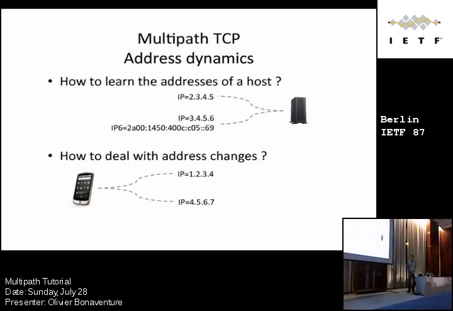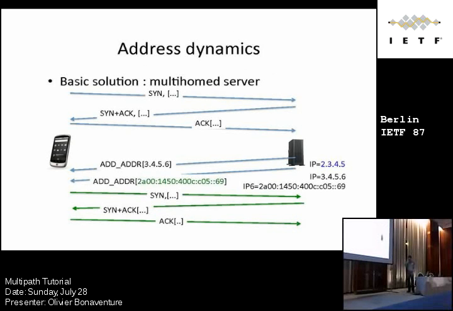So how do we do that? Let's look first at what's happening when you have a multi-homed server. So we have a server which has 2 IPv4 addresses and 1 IPv6 address. We first open the Multipath TCP connection, say, for the blue IP address.